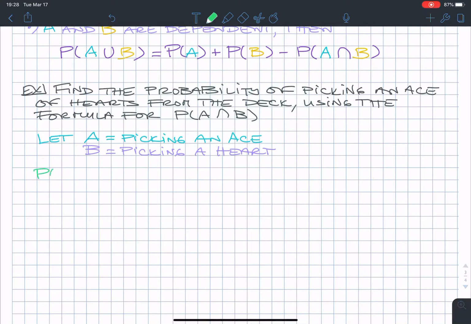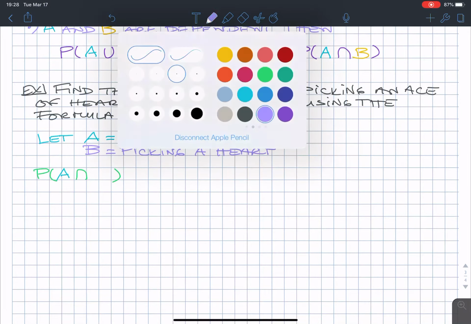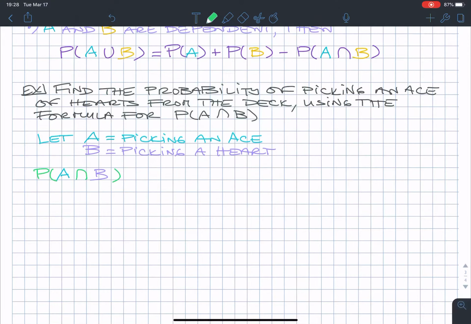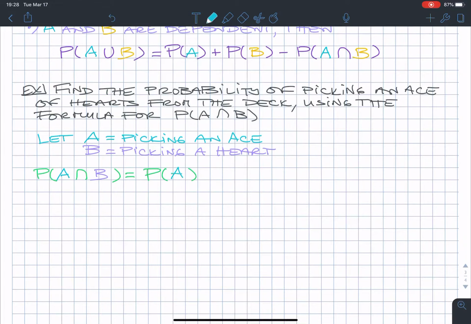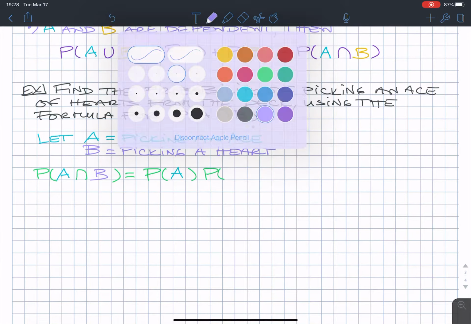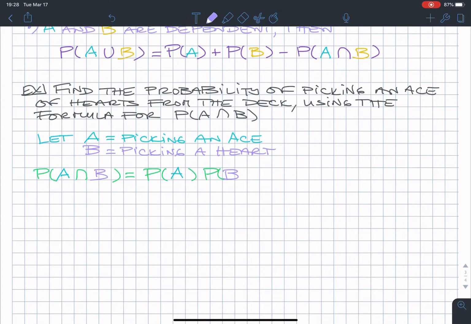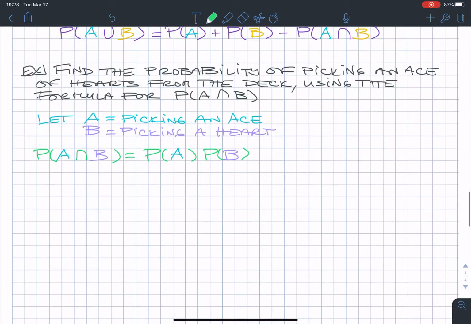So I claim that the probability of picking an ace and a heart, all in one fell swoop, will, by definition, be the product of picking an ace and picking a heart. And let's see if that makes sense. Let's see if the math actually works.